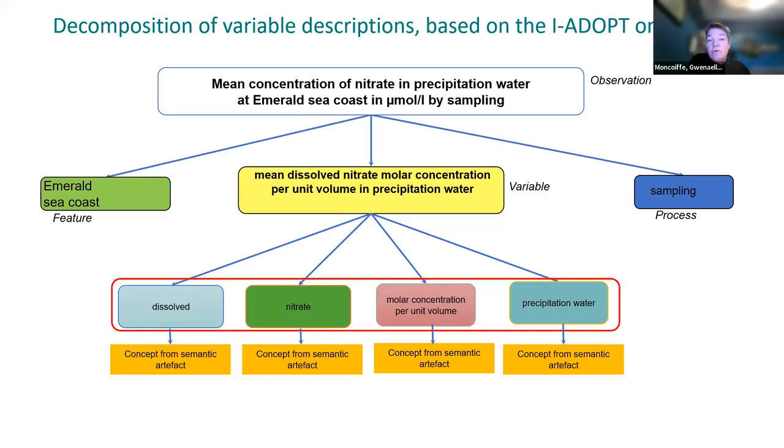We only wanted to focus on the observable property, in order to create terms that could then be reused and put into the context of a more complex data schema that would have means to deal with methodology and feature and units. All this is very important, but we didn't want to step into that. We wanted to purely focus on the observable property.